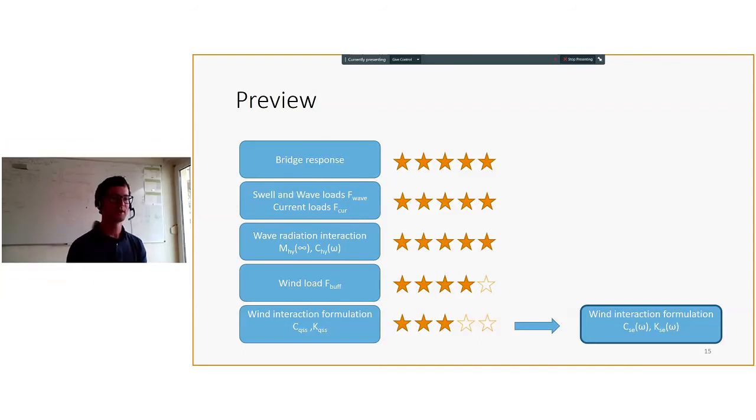And another reason is that the low wind response is also better predicted with those models. That means fatigue design and all other aspects of designing the bridge are more correctly predicted, which also means a cheaper design of the bridge.